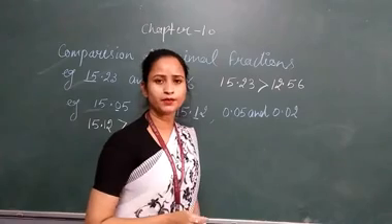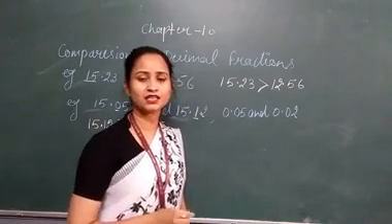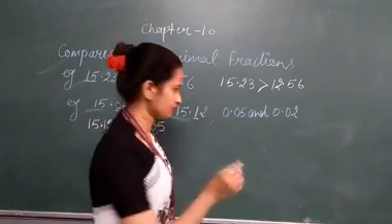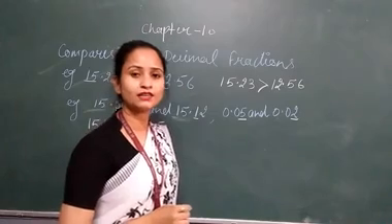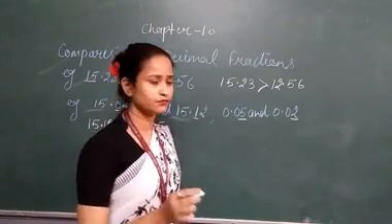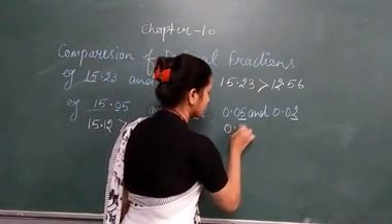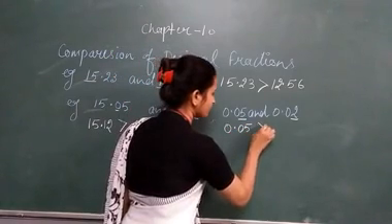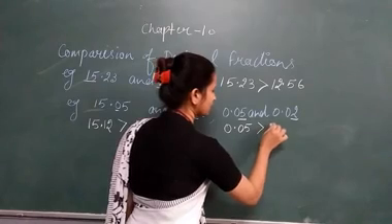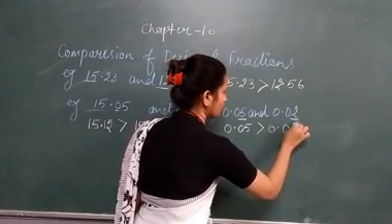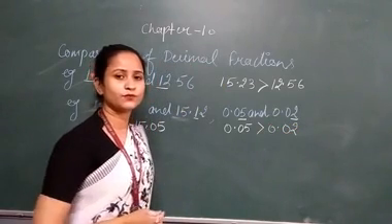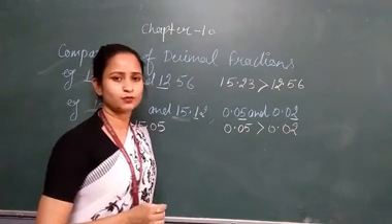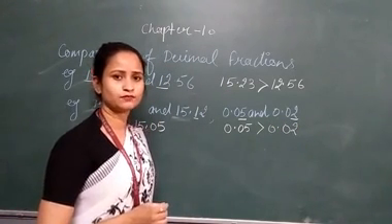Now we compare the decimal fractions by their hundreds, that is 5 and 2, and we know that 5 is greater than 2. So 0.05 is greater than 0.02. Like this, we will compare decimal fractions. Understood?